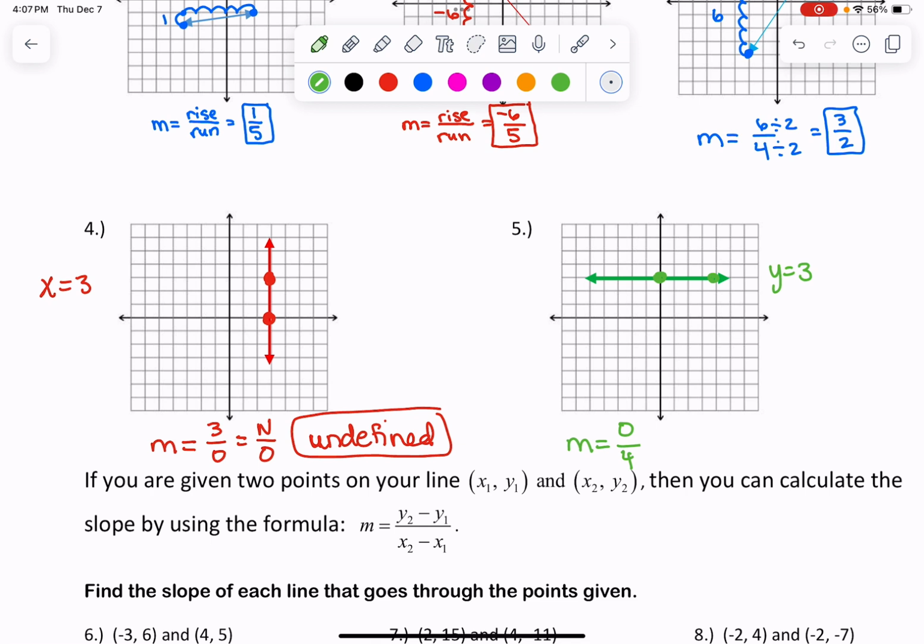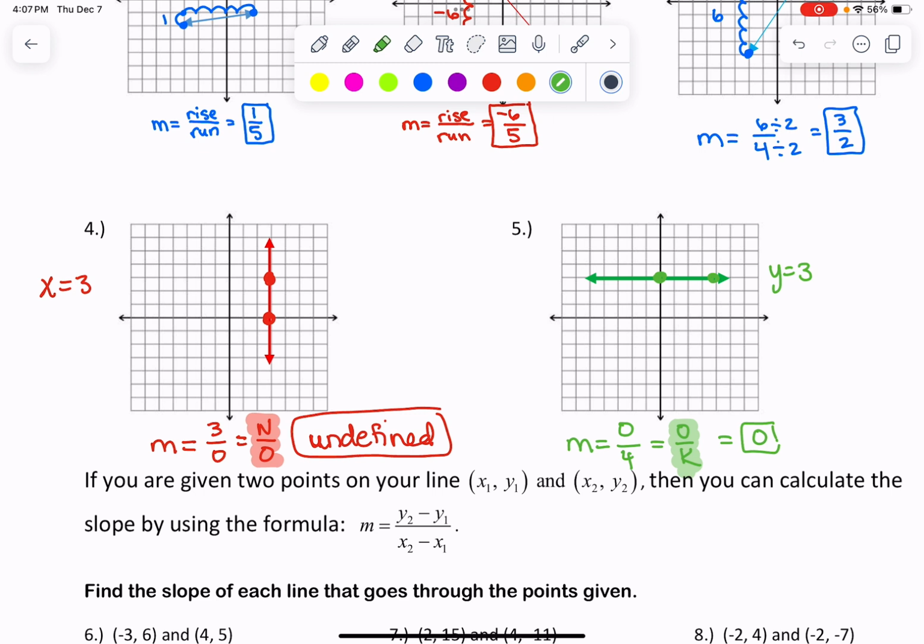It's okay to have a 0 on top, and that slope is 0. So remember: no for the 0 on the bottom, and it's okay for the 0 on the top. That's an easy way to remember that the slope is undefined for vertical lines and 0 for horizontal lines.